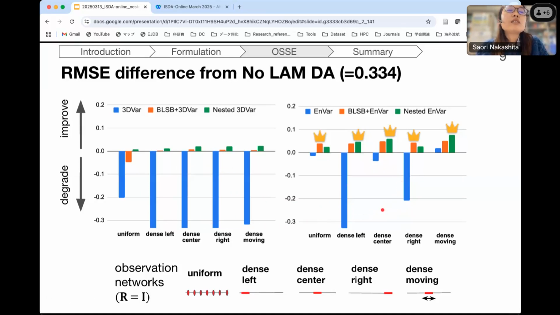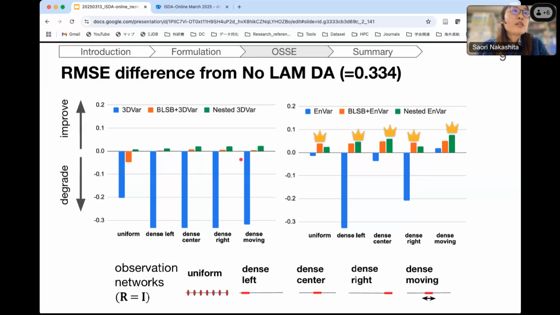This large degradation is mainly due to the increase of errors in large scales. On the other hand, the experiments with LSB methods shown in orange or green bars significantly improve this degradation and show stable performances irrespective of observational networks.